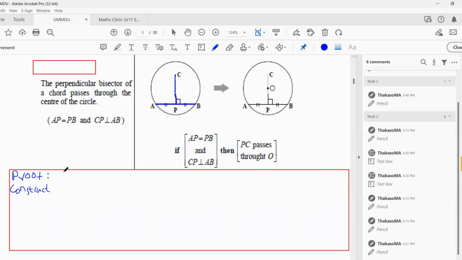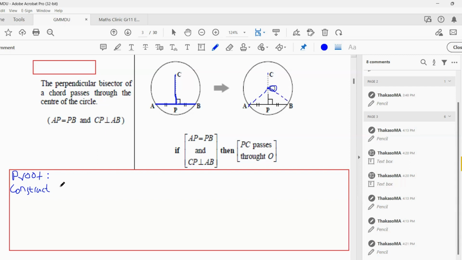So what we're going to do is on line CP, create a point, any point, and name it anything. So you will see that point O was created there. And since you created point O, you have to construct also. You always have to redraw. Just as in theorem 1, we are going to construct OA as well as OB.